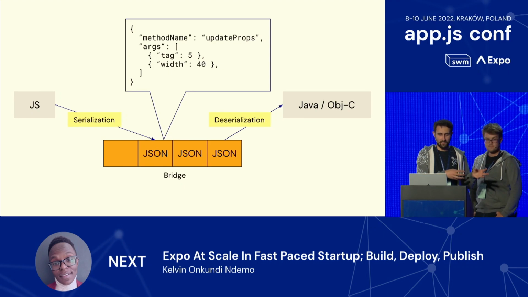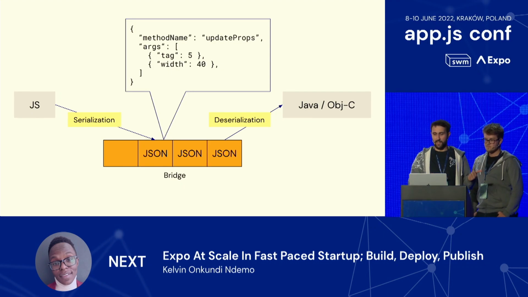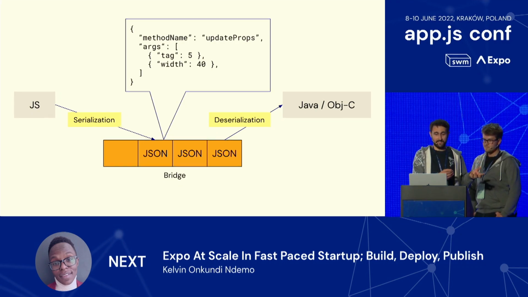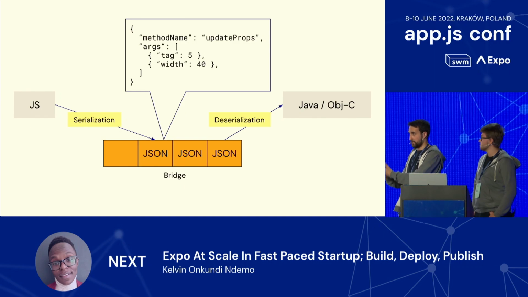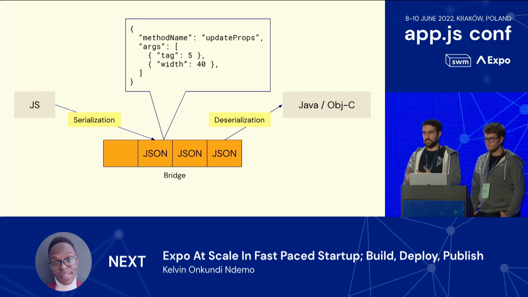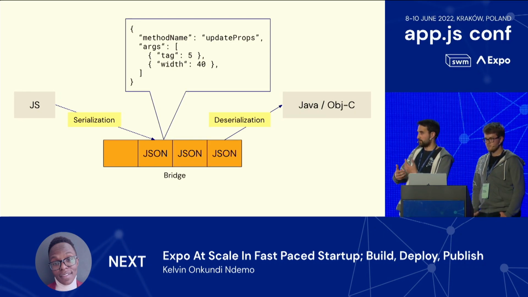This string contains the method name and all of the arguments used by this method. Then React sends this JSON via the bridge to the native side. Over there, those objects are deserialized on the native side into Java or Objective-C objects.